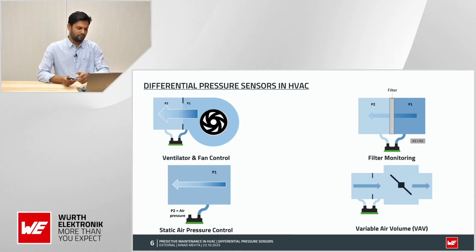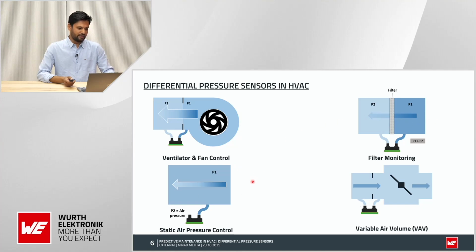You make a slit in the tubes where the flow is reduced, and you monitor the pressure between the left and right side of the slit to control the speed of a ventilator or fan. Then you have a filter monitoring system, where you can monitor the health of the filter in the HVAC system.